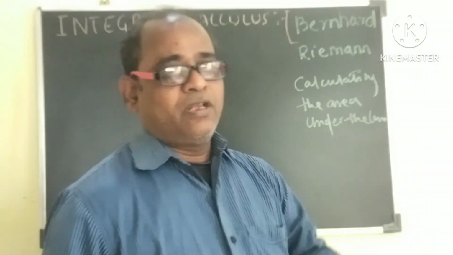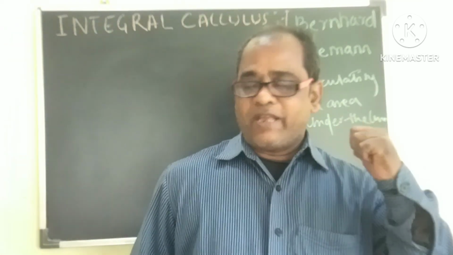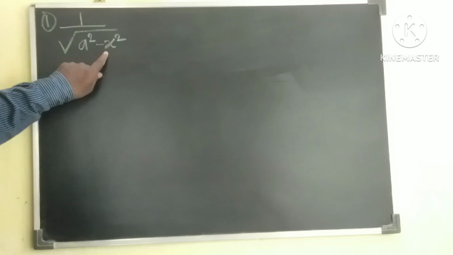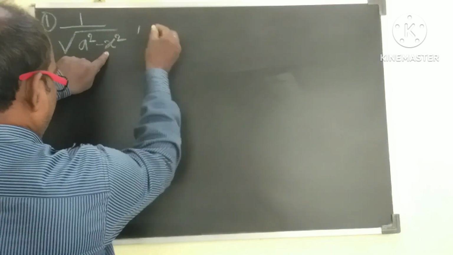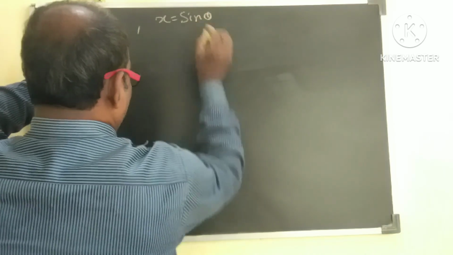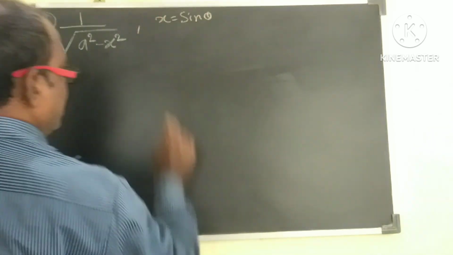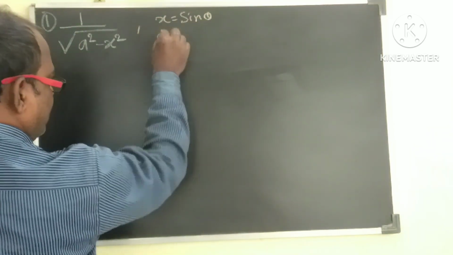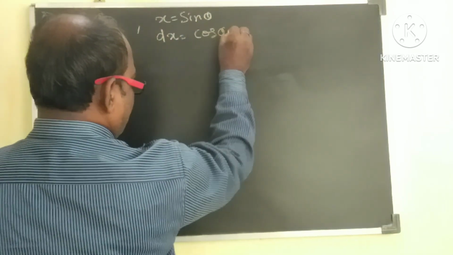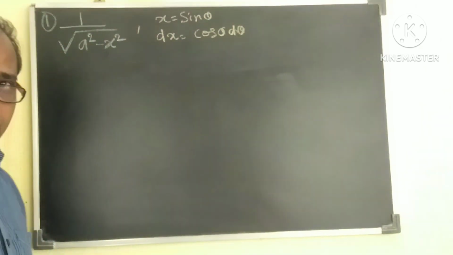The very first form is of this type. Let us put x equals sin theta. Then, differentiating both sides, we get dx equals cos theta d theta, right?